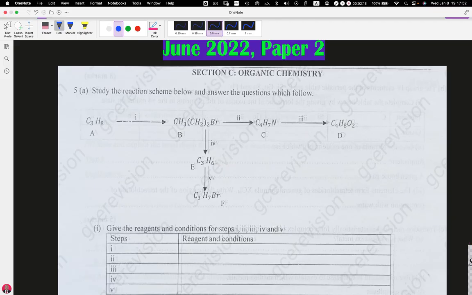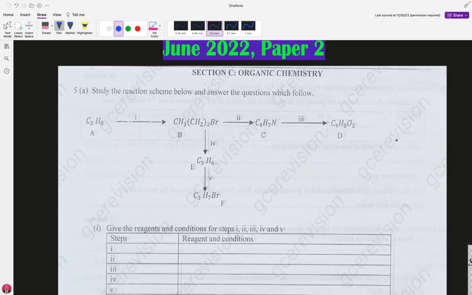Step 1 is a hydrocarbon being converted to a haloalkane.